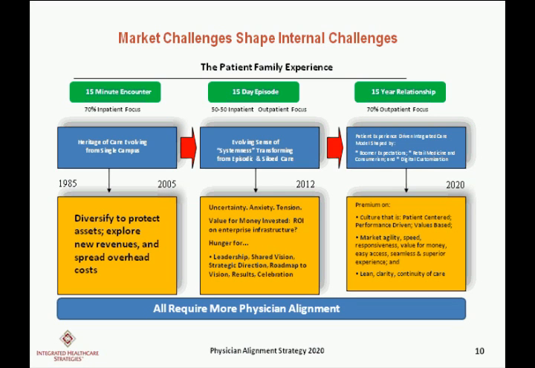You'll see that over this several-year shift, not only from 15 minutes to 15 days to 15 years, but the shift to care is moving from largely inpatient to more outpatient. And as we see in the orange boxes on the bottom of this slide, we see some of the behaviors and strategic initiatives in our healthcare organizations from the 80s through 2005, looking at diversifying to protect assets, scrambling for new revenues.